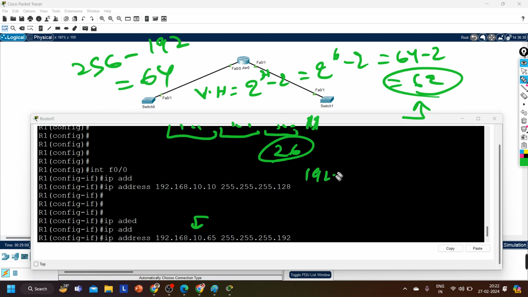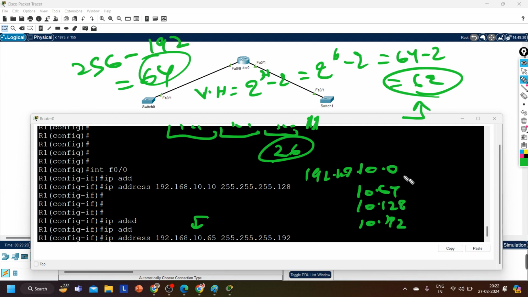First network 192.168.10.0. Second network 192.168.10.64. You add this value in the fourth octet. Then third network 128: 64 plus 64 is 128, 128 plus 64 is 192.